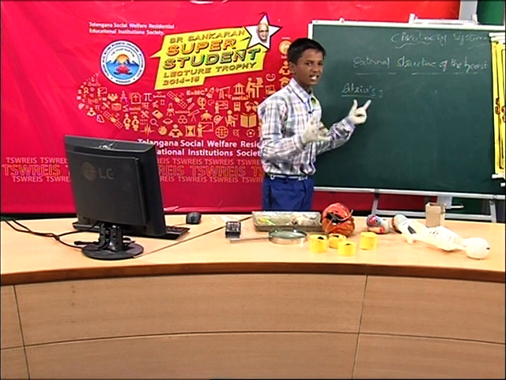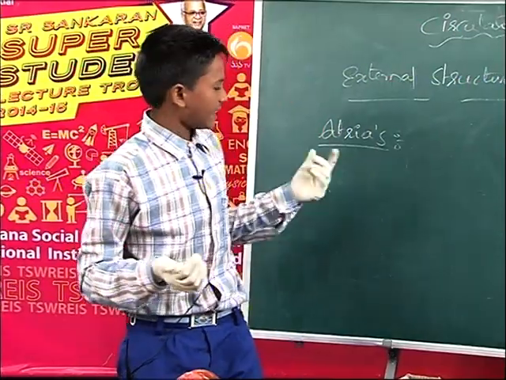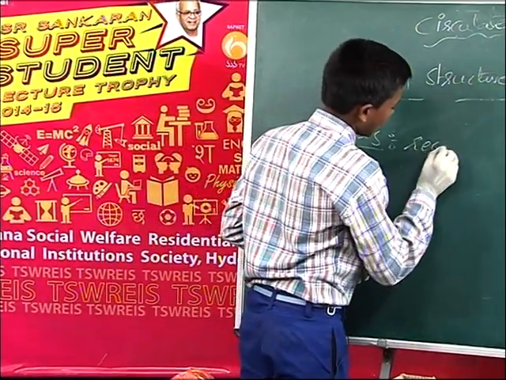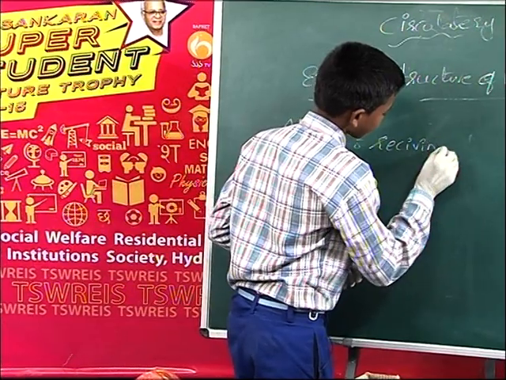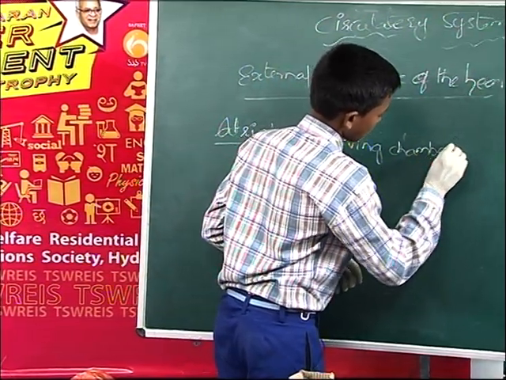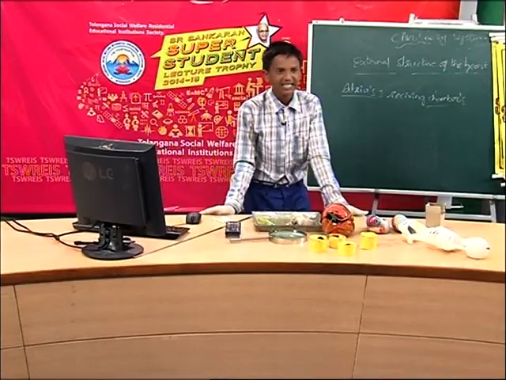Atria are smaller than the ventricles, and we call the atria the receiving chambers.